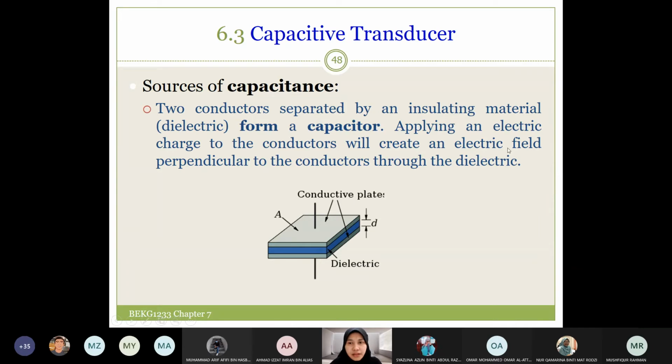Applying an electric charge to the conductors will create an electric field perpendicular to the conductors through the dielectric.